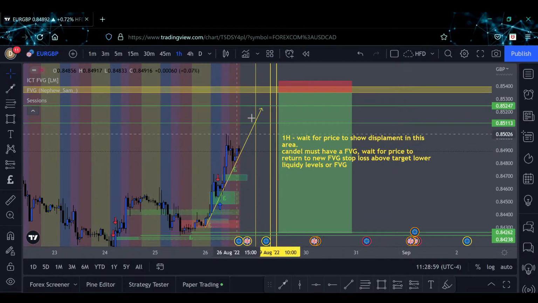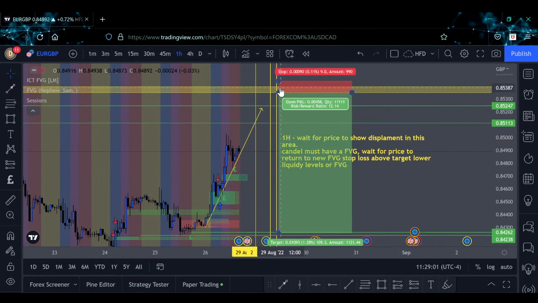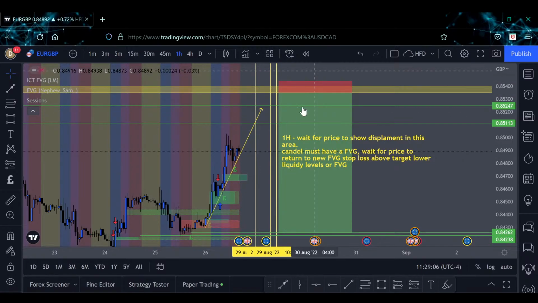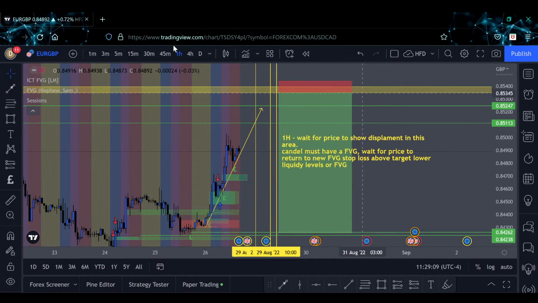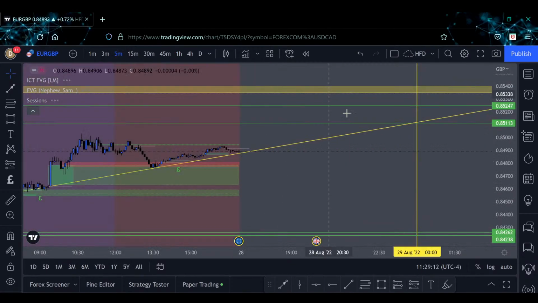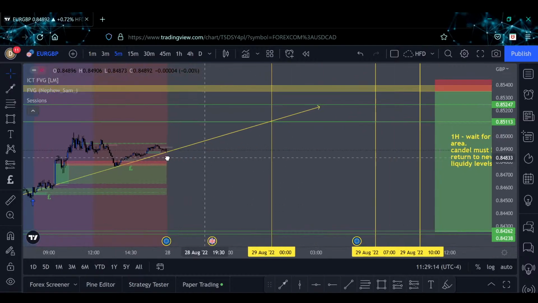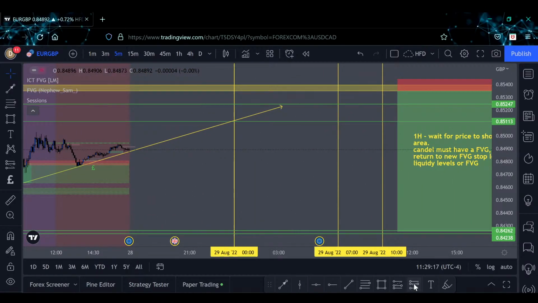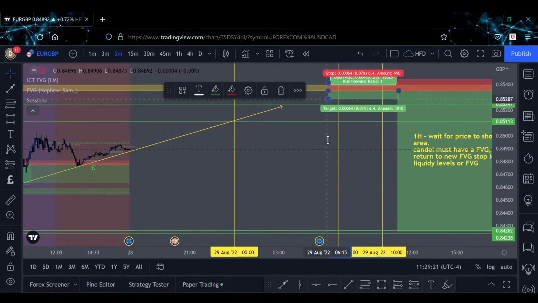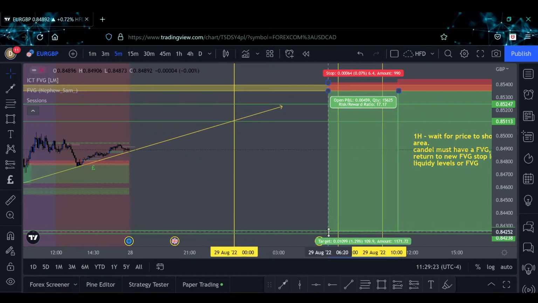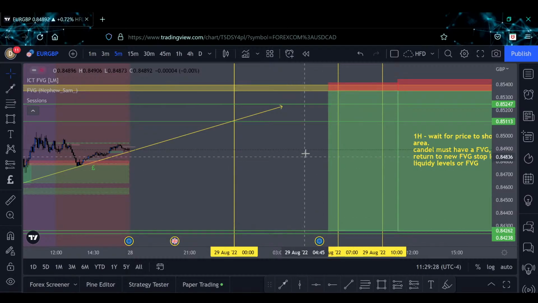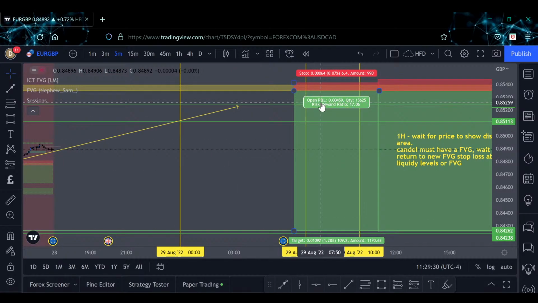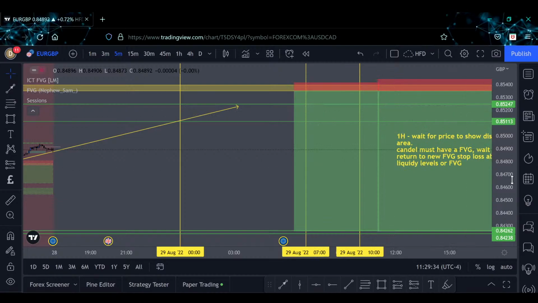So I would expect it to come up, take these levels into the fair value here, show displacement on a lower time frame. So if you could drop to the 5M, down to the same level, you can see how you can get very precise.